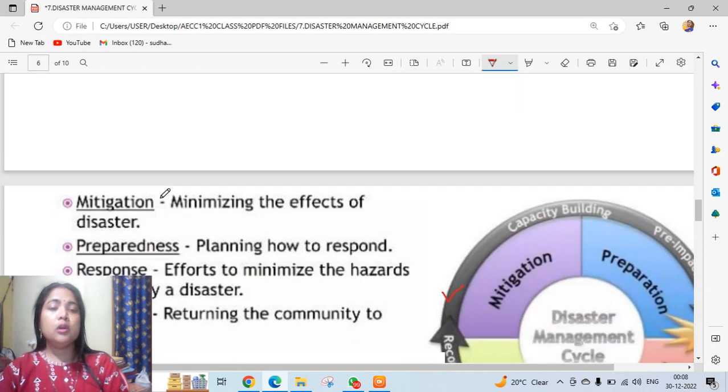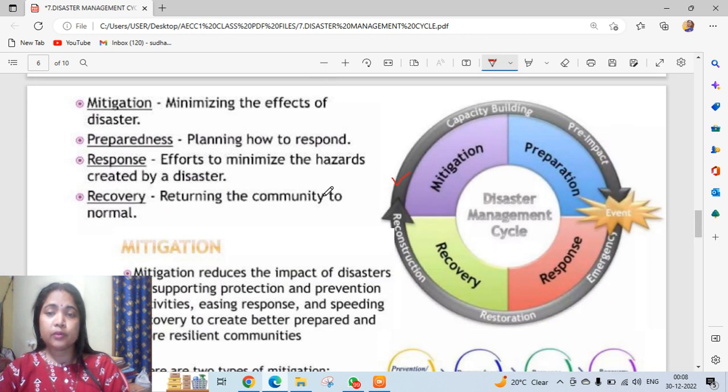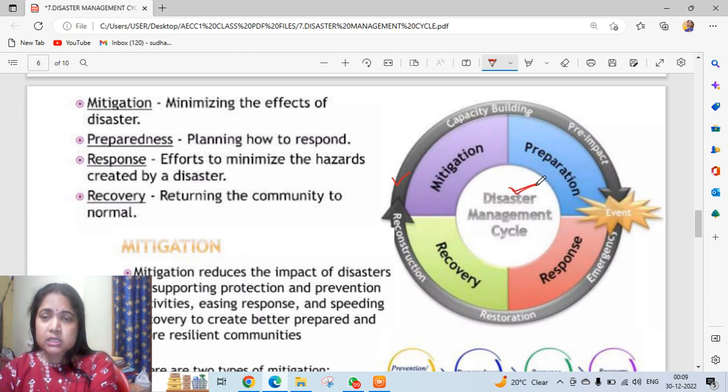Then come to the disaster management cycle particularly. Okay, so this is the cycle. Cycle means, as you know, that is a circular pathway cycling, isn't it? So here look, your disaster management cycle, it starts with mitigation process and ends with your recovery.